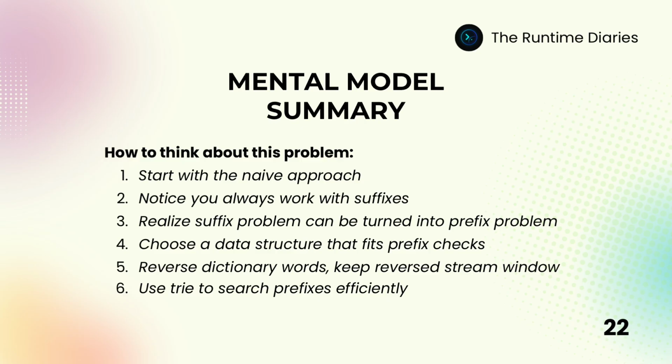Reversed words plus trie plus buffer equals fast solution. This is real algorithmic thinking. It's not about memorizing that stream of characters uses a reverse trie. It's about understanding why that works and being able to apply the same transformation pattern to other problems. And that highlights the real difference between memorizing solutions and actually learning to solve problems.